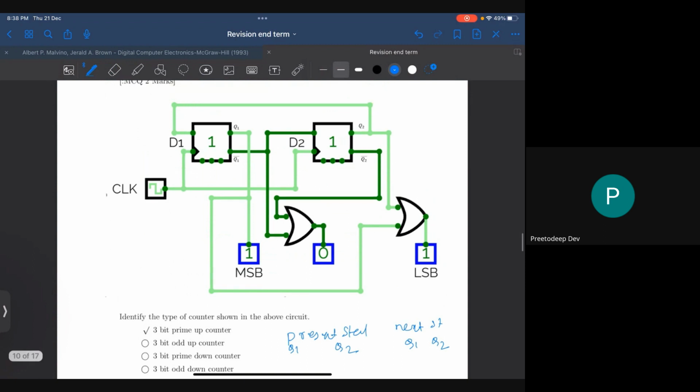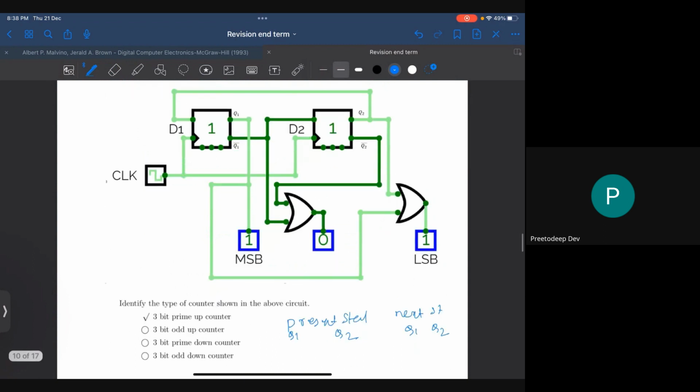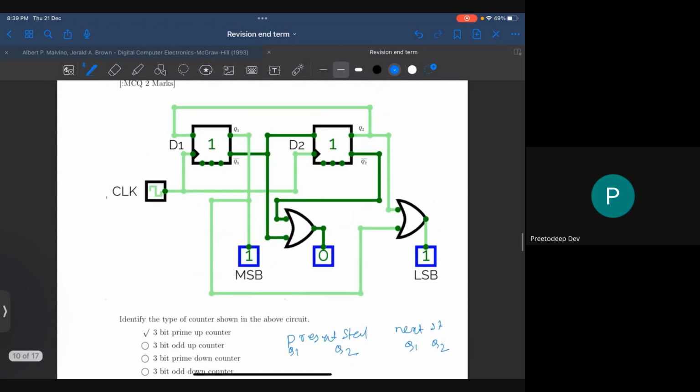Because that is what is coming into the D1 flip flop, from the D2 output, that is Q2. It's given q1 next equals q2, and q2 next, or D2, is given as q1 bar.